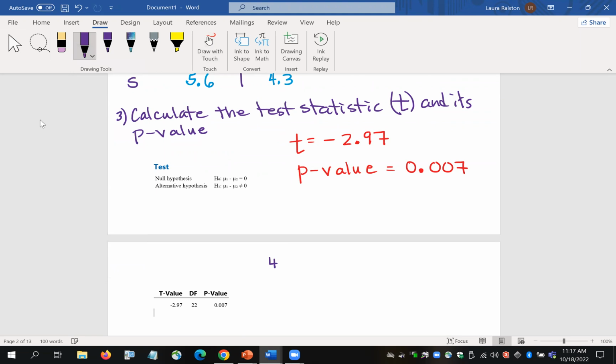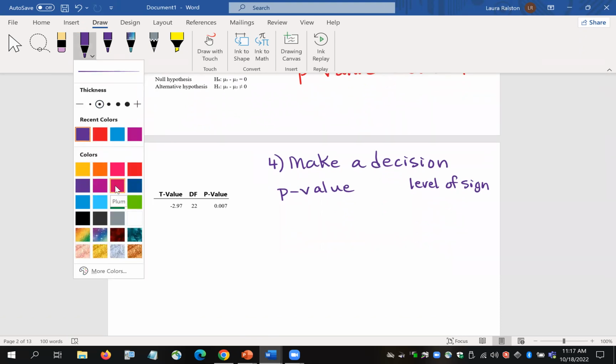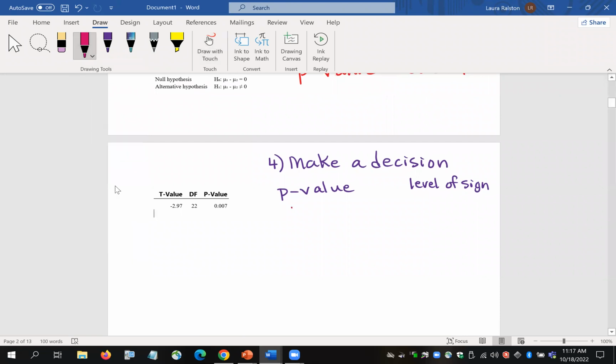Step 4 then is to make our decision by comparing the p-value to the level of significance. Okay, so my p-value, which comes from Minitab, is 0.007. My level of significance is 0.05.